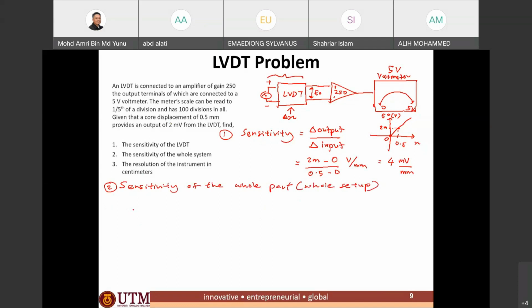So it is equal to the amplification factor times the sensitivity of the LVDT.